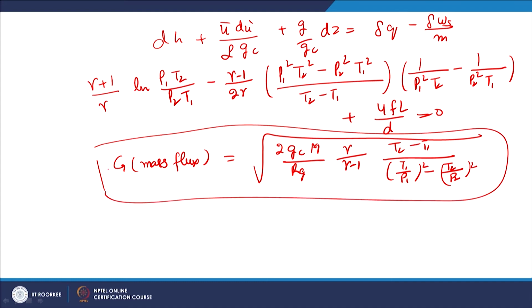Now, in the other example, we may take the isothermal flow.